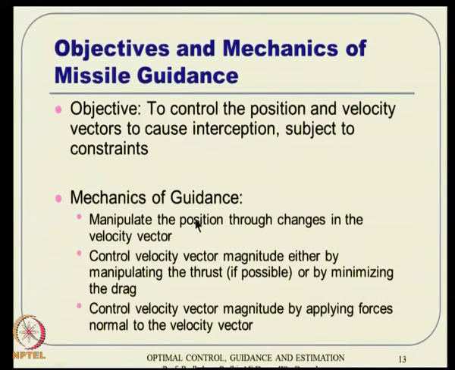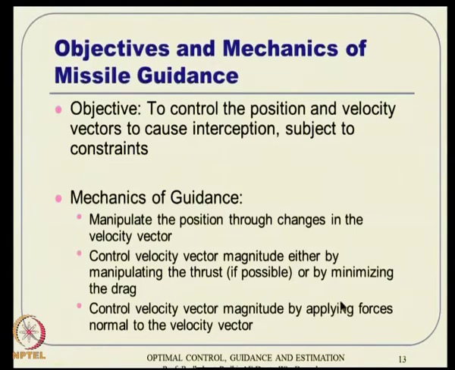But how do you do the changes in velocity vector? That is through the control. So, you control the velocity vector magnitude either by manipulating the thrust if possible, or by minimizing the drag also. That is the way of doing that, but that is only for range enhancement and things like that.